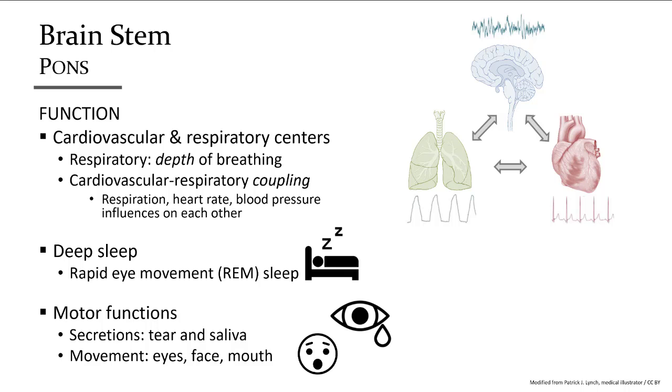In addition to the medulla oblongata, the pons has influences on the cardiovascular and respiratory functions. The role of the pons is more of an integrative function that allows these systems to work together. Deep sleep, known as rapid eye movement sleep, is another role of the pons, as well as facial movements and secretions, as cranial nerves from the region target the face.